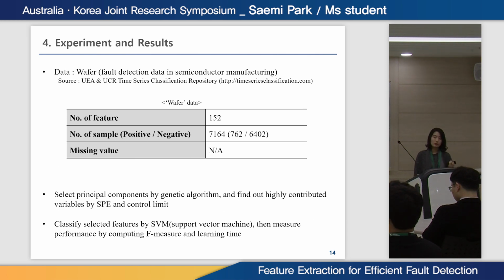For the experiment, I used fault detection data from semiconductor manufacturing. I selected principal components by the genetic algorithm and found highly contributing variables by SPE and control limit. Then I classified the selected features by support vector machine, and measured performance by computing the F measure and learning time.